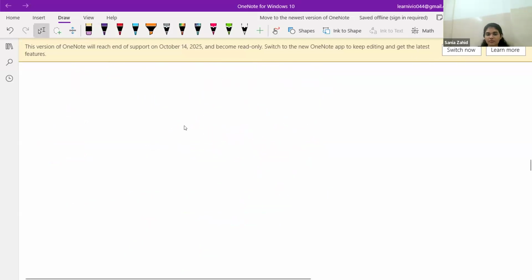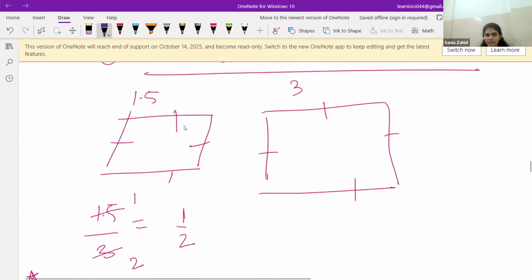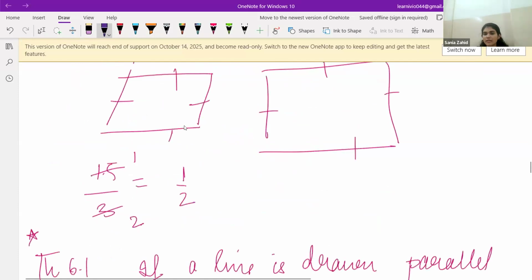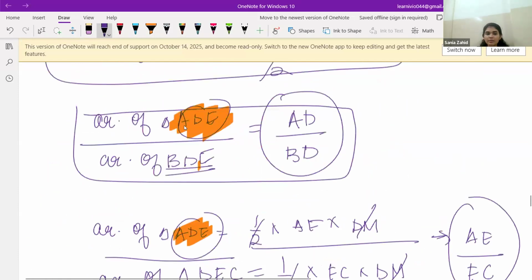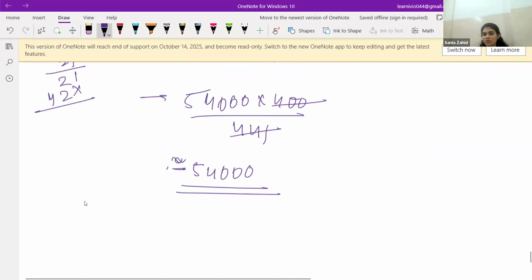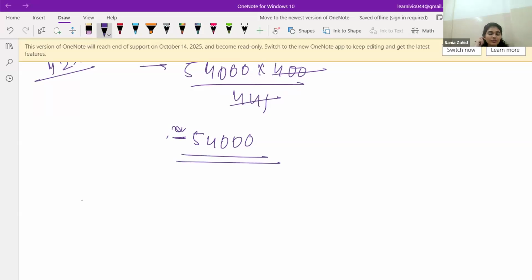Ma'am, approximate means rounding off, right? Approximation means nearly equal to 54,000. It's not exact. It means it's not exactly equal to 54,000, but it's near to 54,000. So it's okay if we write the approximate symbol and then 54,000?